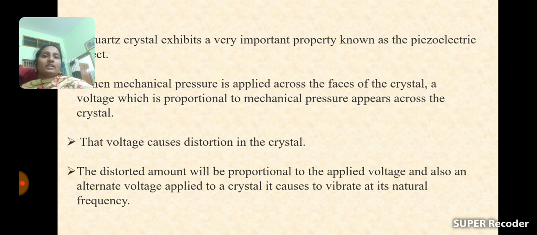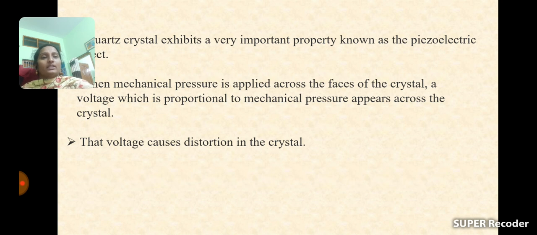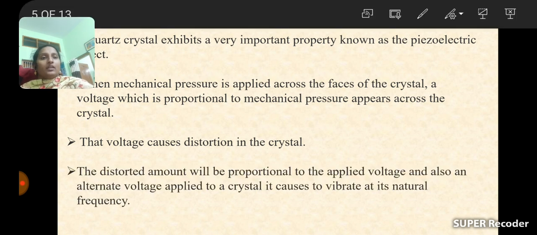Here the quartz crystal exhibits a very important property known as the piezoelectric effect. Already I told this. What is meant by the piezoelectric effect? When mechanical force is applied, it will produce electrical vibrations. If we apply electrical voltage, it will produce mechanical vibration.